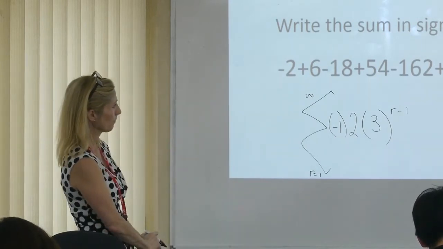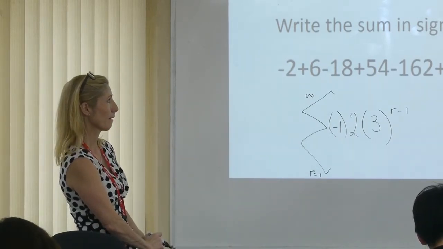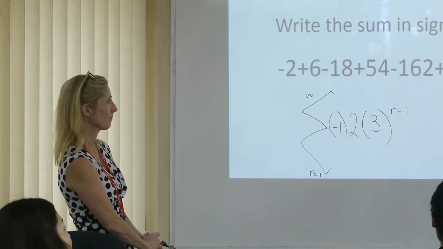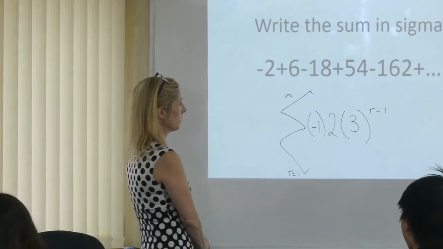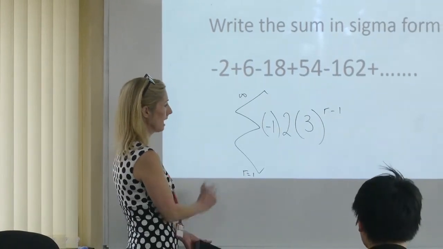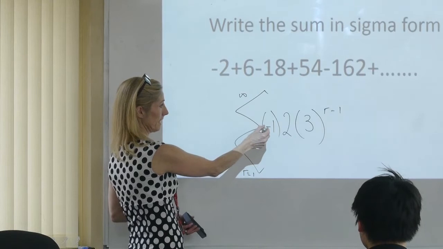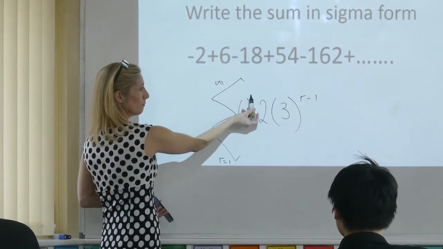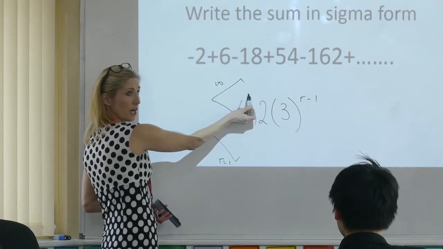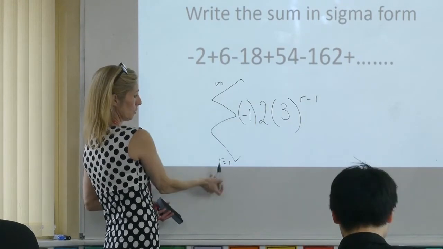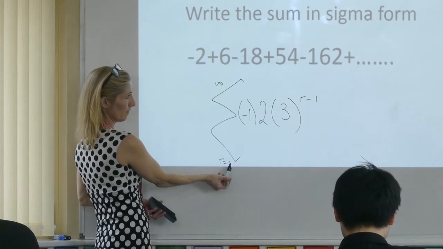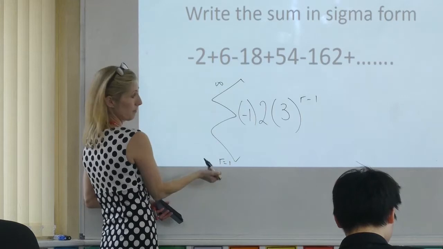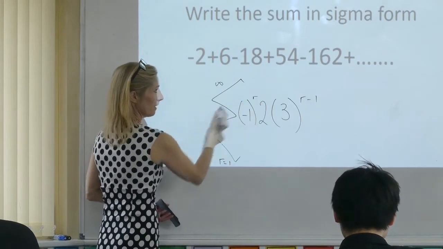We need to make sure that the power you're raising to, if that's odd, then the number should be negative, because an odd power of a negative is a negative. So therefore, do I need to put this as an r or an r plus 1? If I started off with r as 1, do I need to make this an r or an r plus 1? Just an r. Okay.